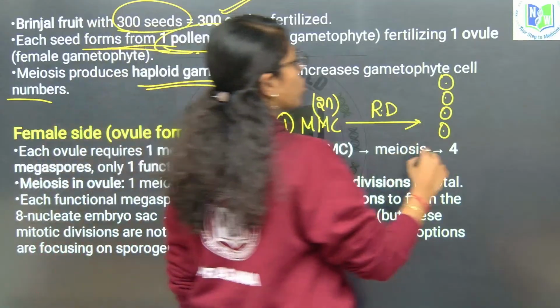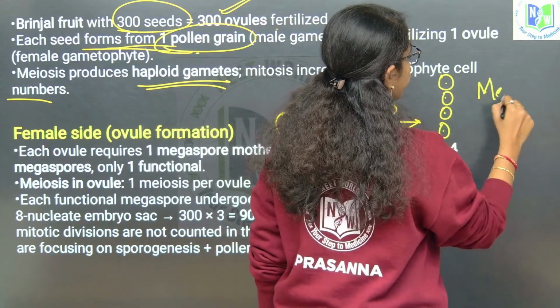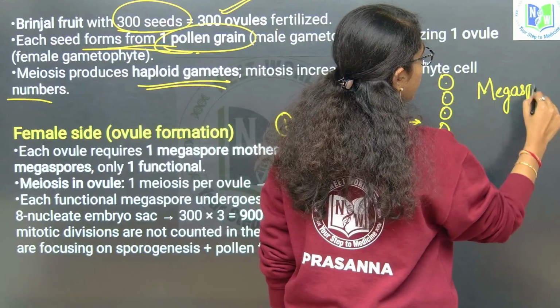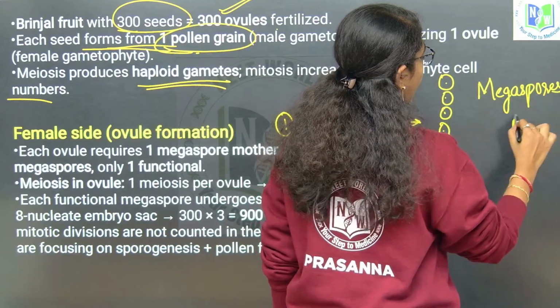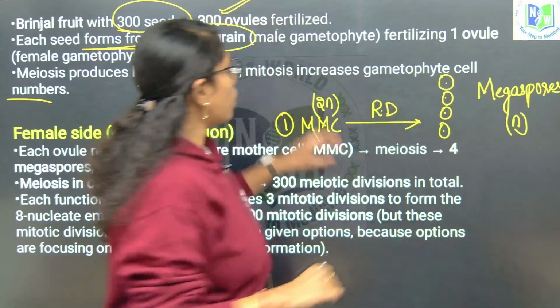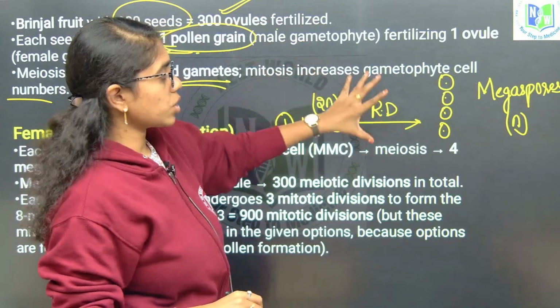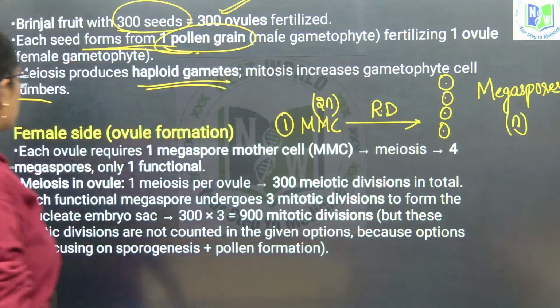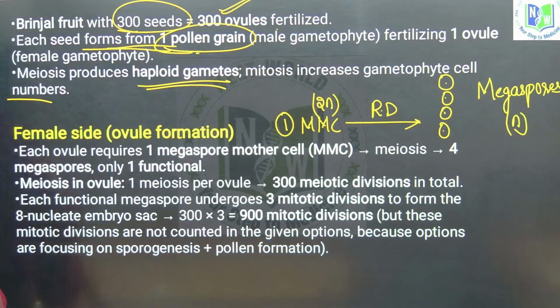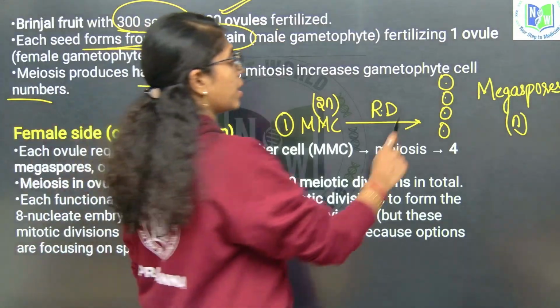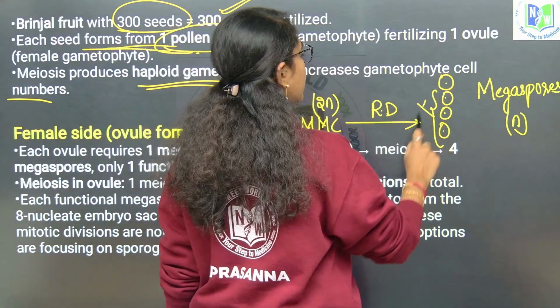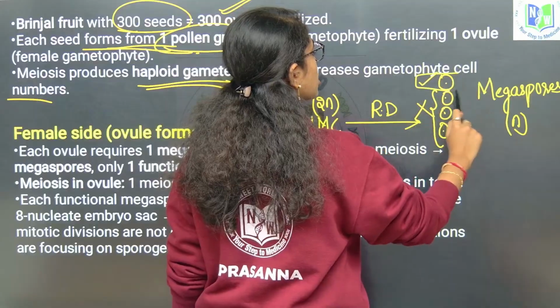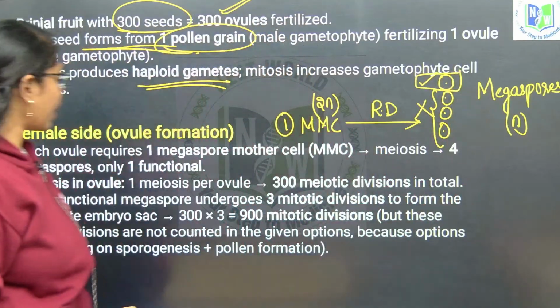These megaspores are haploid. Of these 4 haploid megaspores, 3 will be degenerated and 1 megaspore is functional.